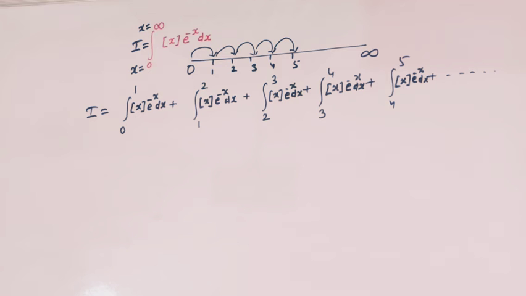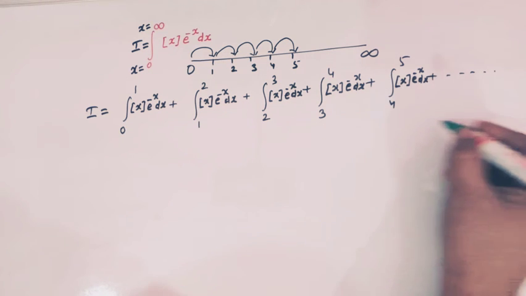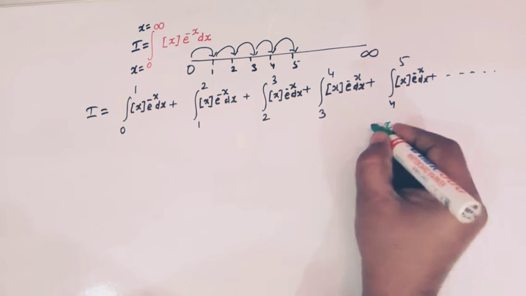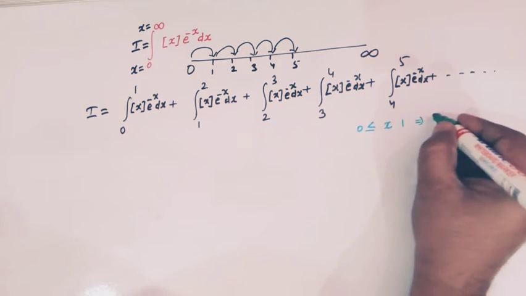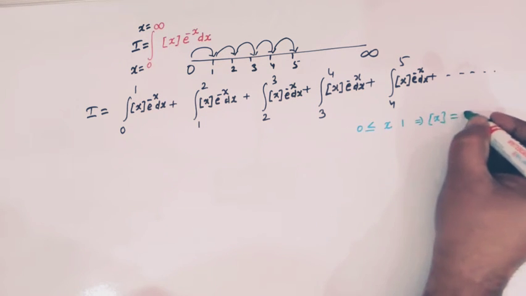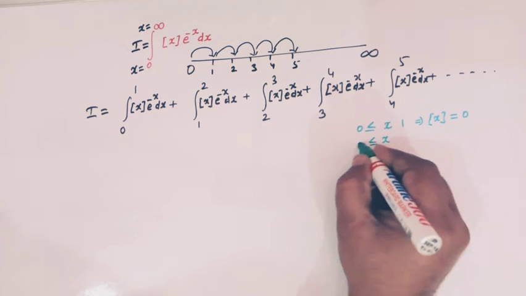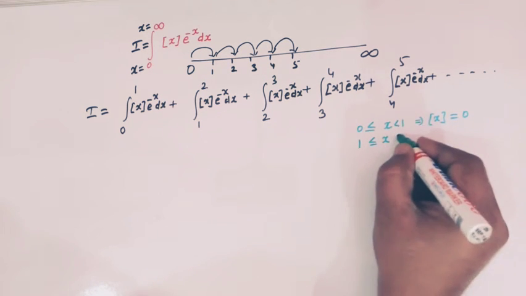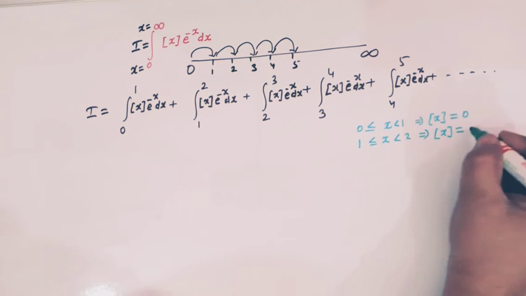Now to proceed further, let us make use of the property or the definition of greatest integer x. So we know that whenever x lies between 0 and 1, then the value of greatest integer x is equal to 0. Similarly, when x lies between 1 and 2, the value of greatest integer x is 1.